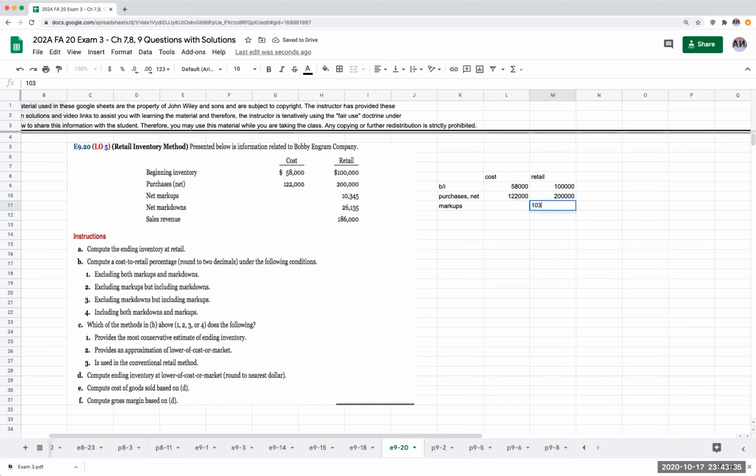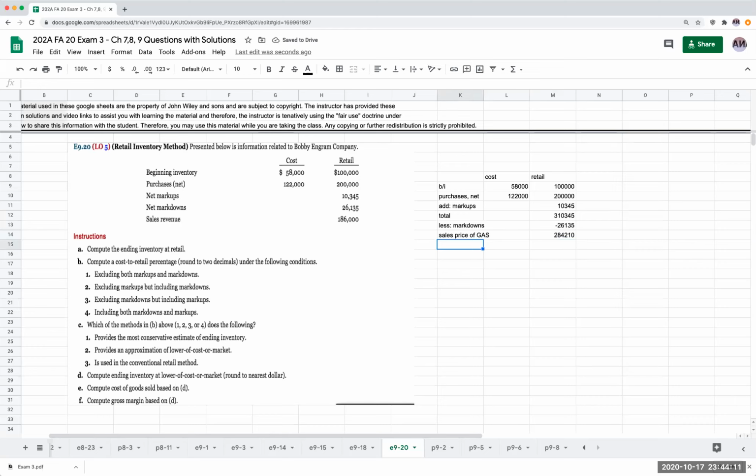This is going to be 10,345. Less my markdown. So my sales price of my goods available for sale at retail is going to be 284,210.